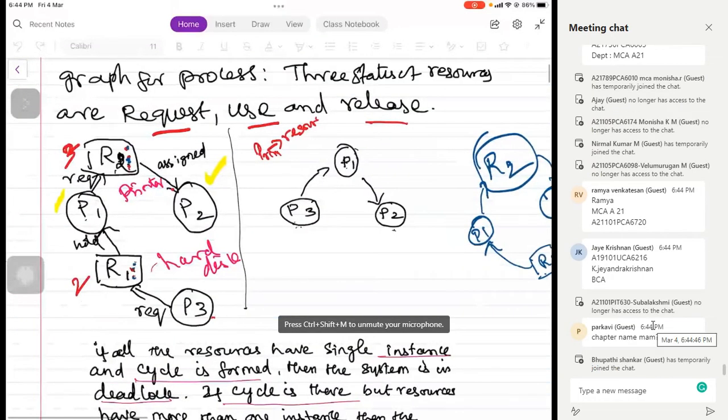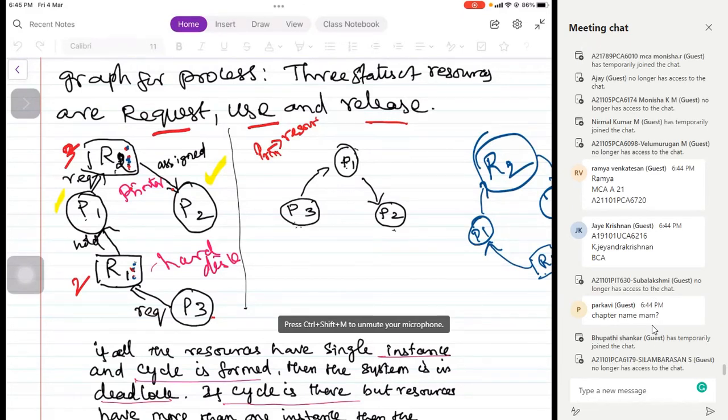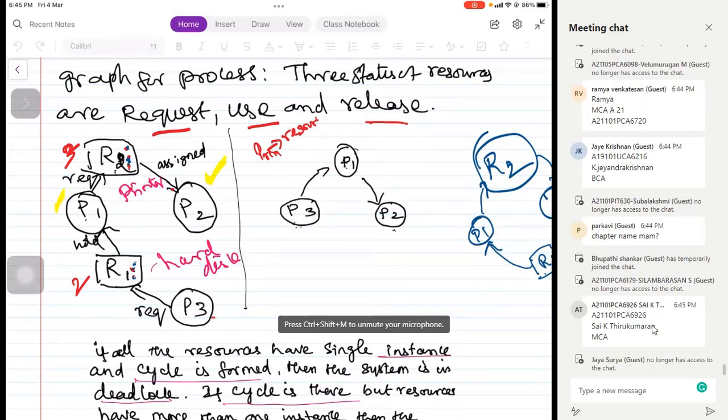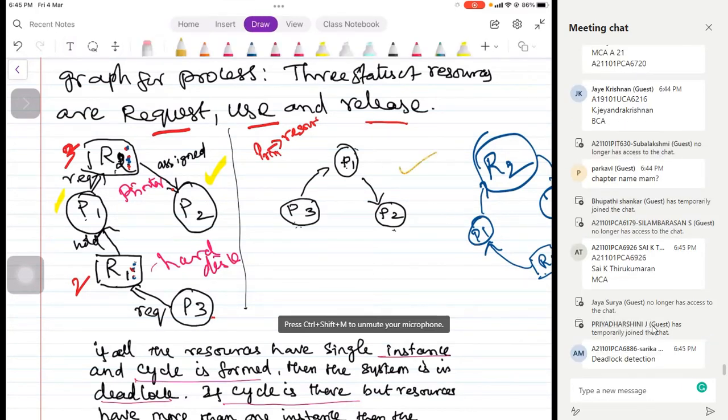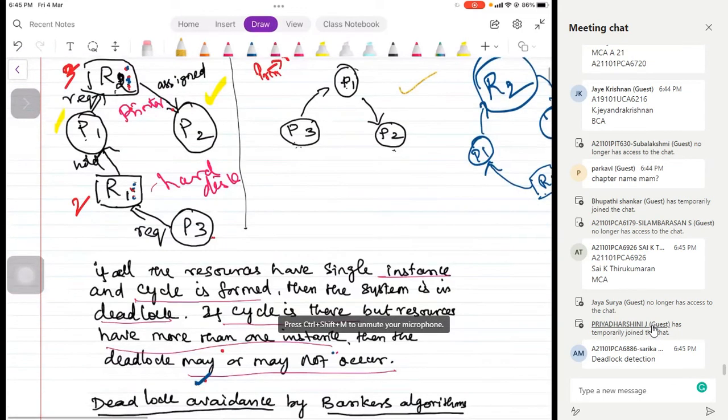How will it be allocated? First you process P1, then P2. Once P1 is processed, it goes to P2. At the time of P3, it will be released. Understood? This is the wait for graph.